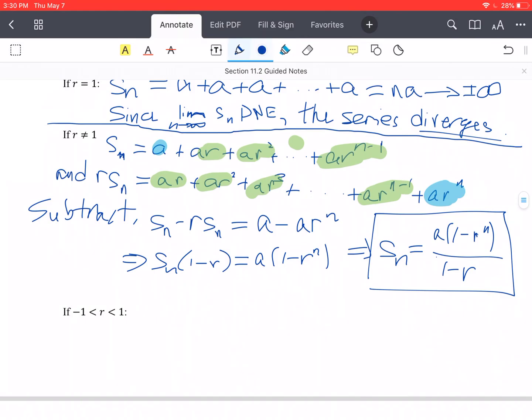So if r is between -1 and 1, then that means that r^n is going to go to 0 as n goes to infinity. Okay, so think about that.